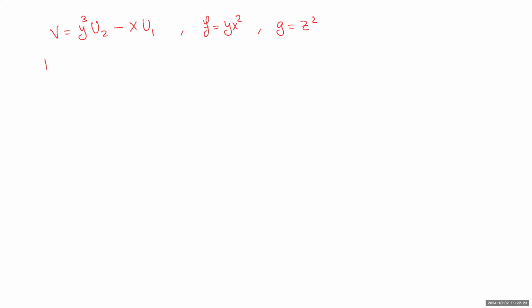We need to find V of F times G minus G times V of F. Okay, this is interesting. So I will apply a point to make things easier and understand what's going on. So let's see.